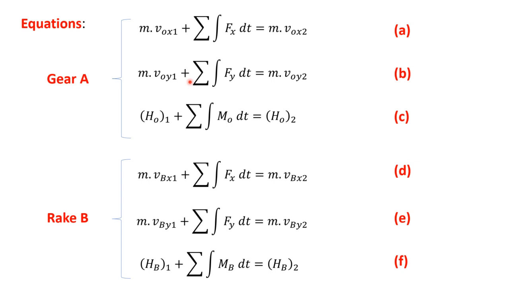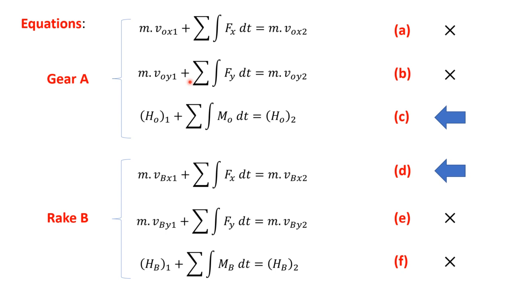So simply we can consider that the first 2 equations are not going to be useful. Just the moment equation will be used. In the case of the rack, we don't have momentum in the vertical direction, so we can use only the horizontal equation. So among all the equations, only the moment equation and the x-direction equation are going to be applied.